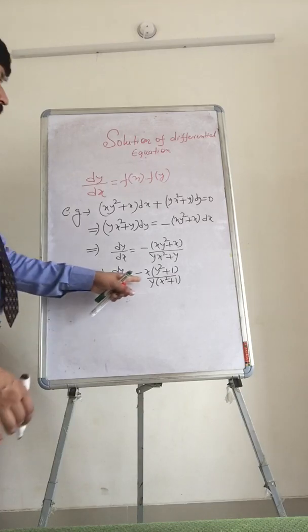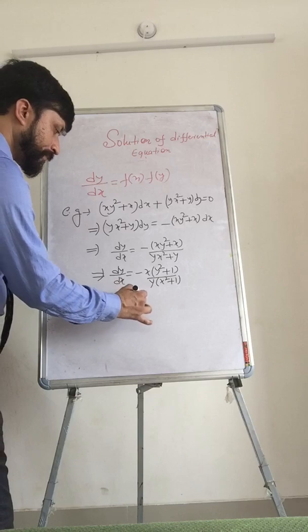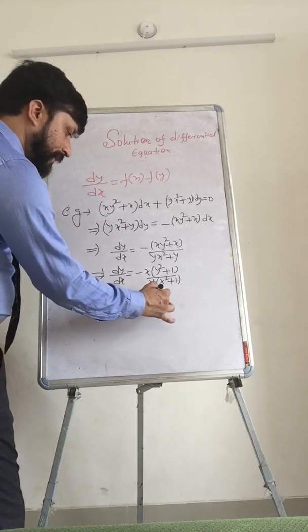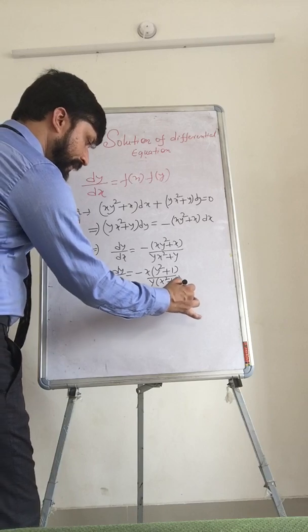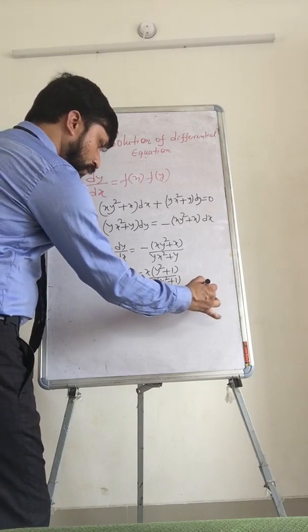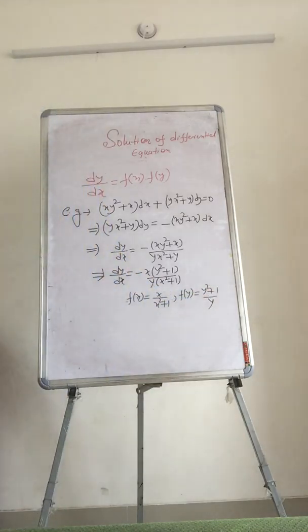Now see, this is in this form. Here f(x) is x by x square plus 1 and f(y) is (y square plus 1) by y. So next, what will we do?